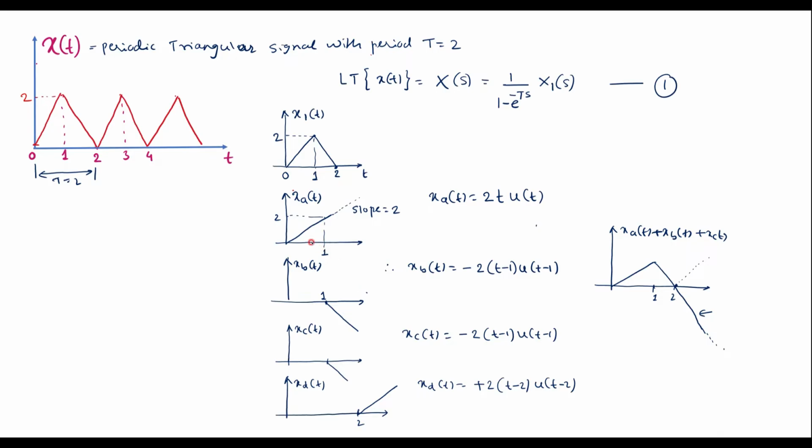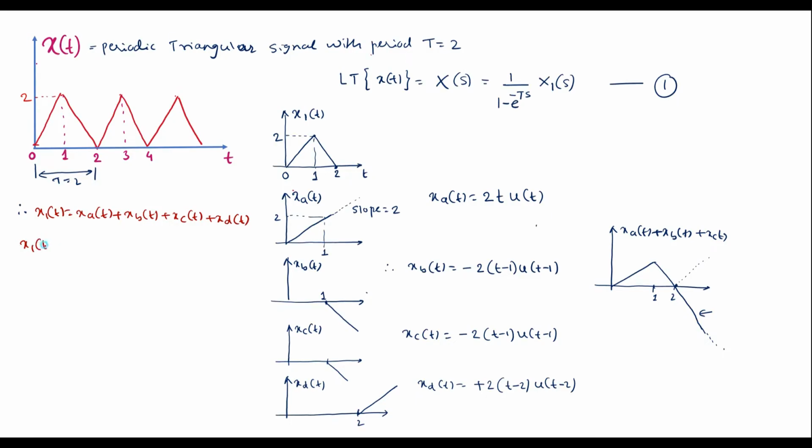So now upon adding xa of t plus xb of t plus xc of t plus xd of t, we will get x1 of t. Therefore, x1 of t is equal to xa of t plus xb of t plus xc of t plus xd of t.